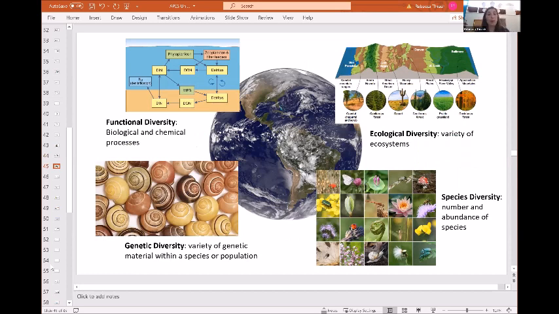So let's talk more about that idea of diversity on multiple levels. We just talked about species diversity. How many species do we have? Number and abundance. Within each one of these species, we've got genetic diversity. Are all of them clones, or do they have a variety of different alleles? Then you've also got functional diversity. This relates back to those biogeochemical cycles.